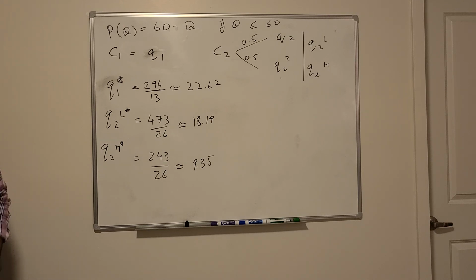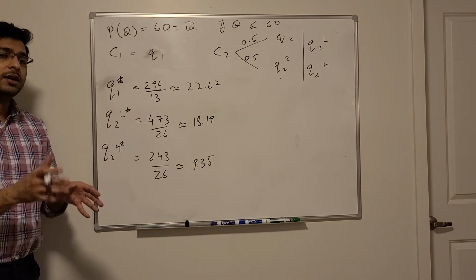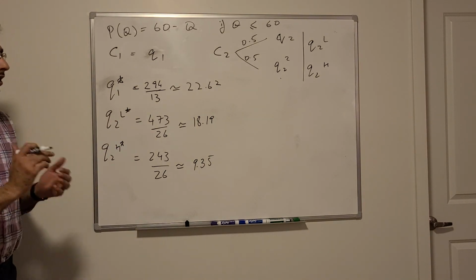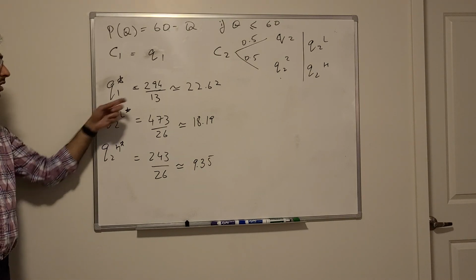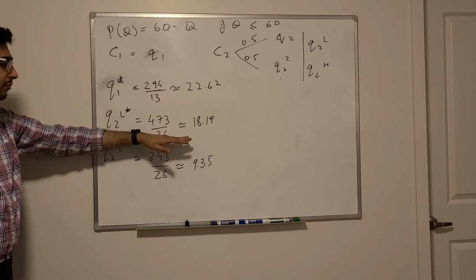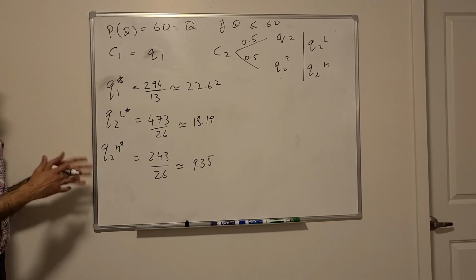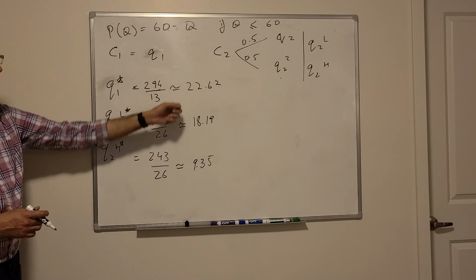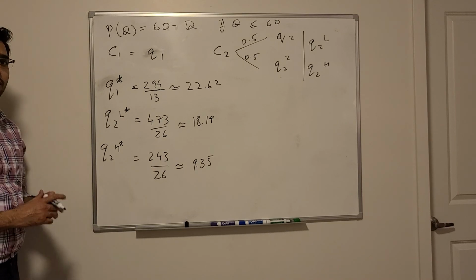So if you compare it with a situation where firm 1 had perfect knowledge, and if firm 1 knew that firm 2 has a lower cost, then firm 1 would be making a lower quantity and firm 2 would be making a higher quantity. And if firm 1 knew that firm 2 had the high cost, then firm 1 would be making a higher quantity and firm 2 would be making an even lower quantity.